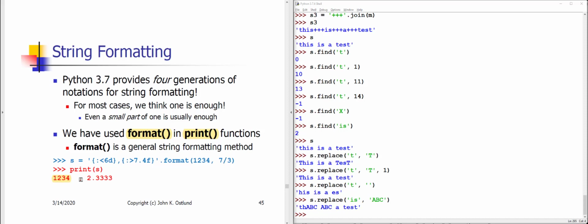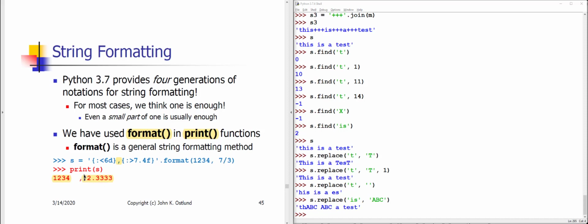Now this comma that's coming out here is just a comma. Okay, comma is just the literal character in between these two format specifications, and so comma just displays as a comma. 7/3, which is the same as 2.33333, etc., is going to come out in a field that's 7 characters wide. 4 of those characters are going to be after the decimal point, which leaves the decimal point itself taking 1 character, and then I have 2 characters left to round out to my 7.